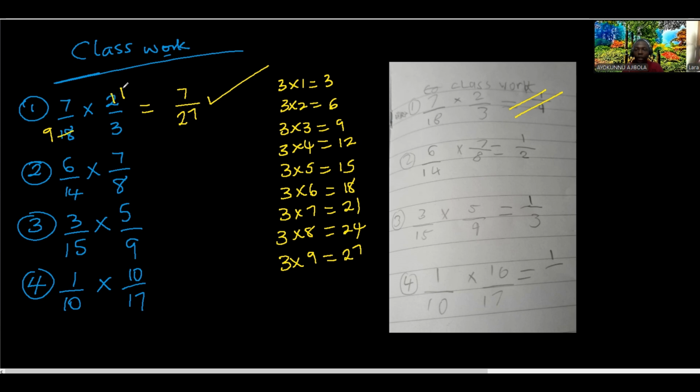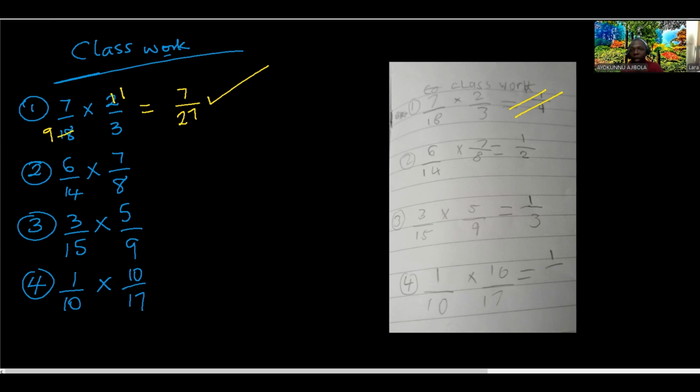So 2 in 2 gave me 1, and 2 in 18 gave me 9, okay? Then nothing can divide again. So 7 times 1 is 7. And 9 times 3 is what? 27. I think the main issue is that you need to focus more on your multiplication table, okay?